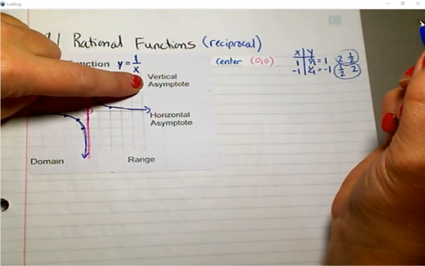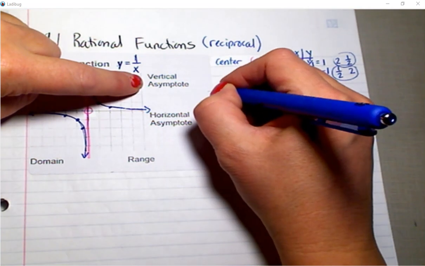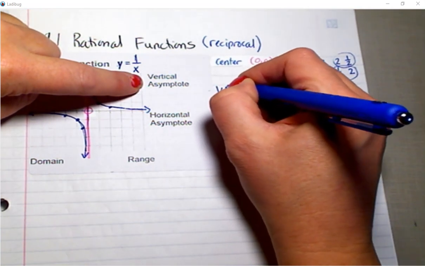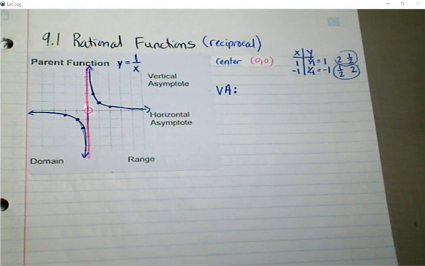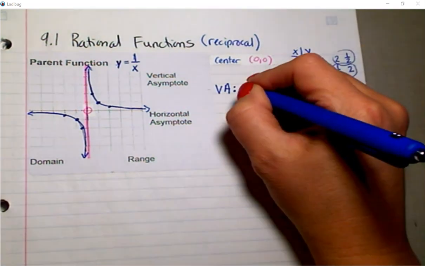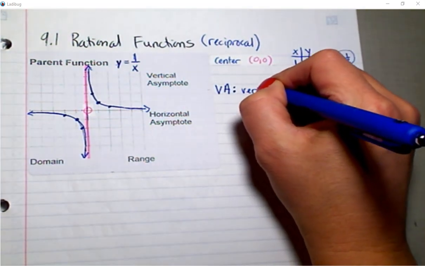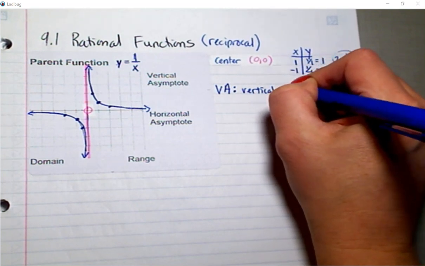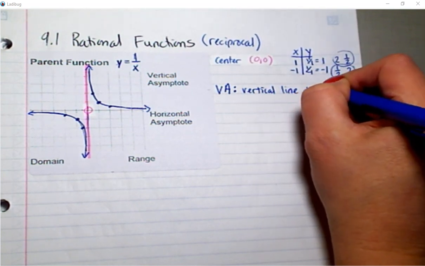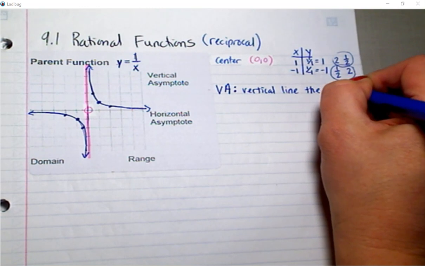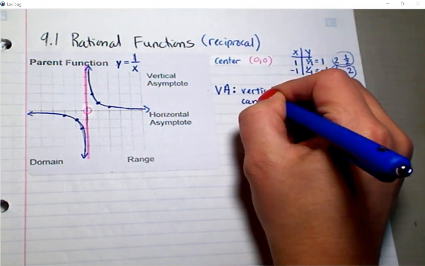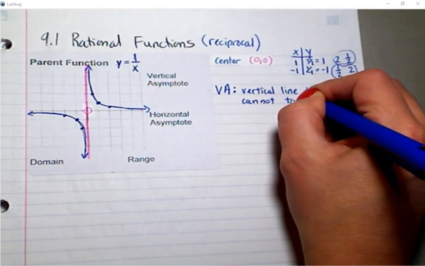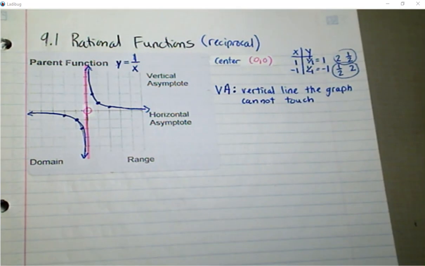The vertical asymptote, VA for short, is a vertical line the graph cannot touch. That's because it's part of the domain restriction.